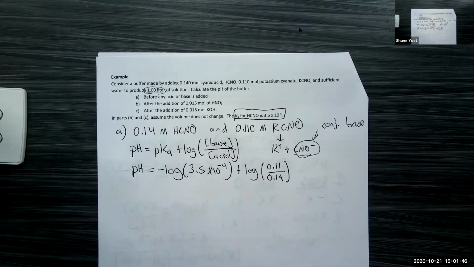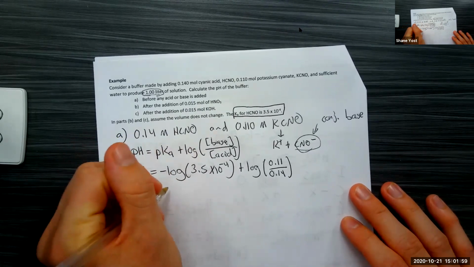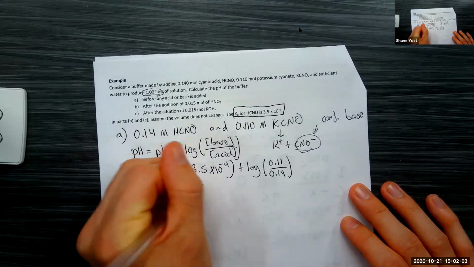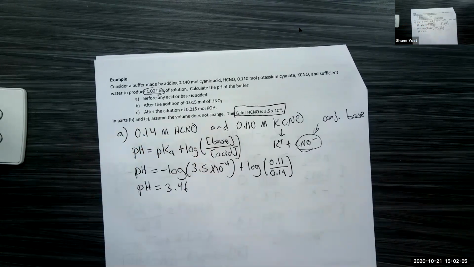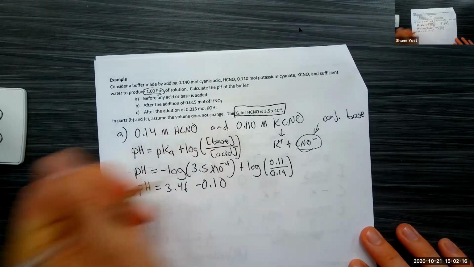I didn't preemptively calculate these things, so I apologize for that. The negative log of the Ka, the pKa, is going to be 3.46, and then the log of 0.11 divided by 0.14 is minus 0.10.